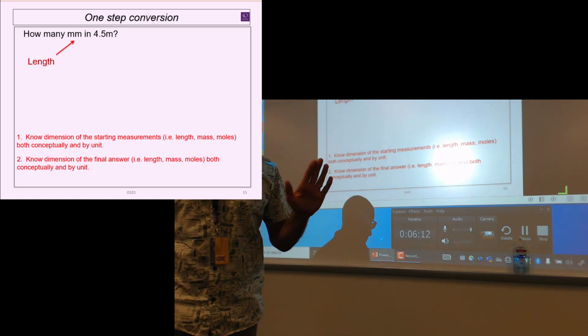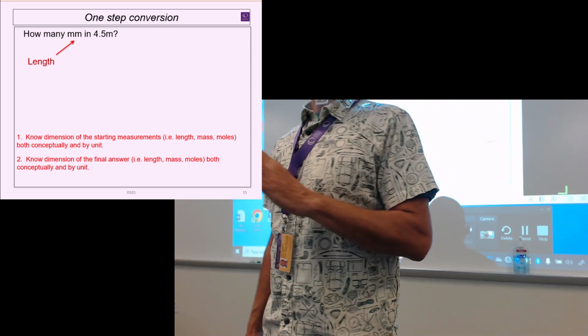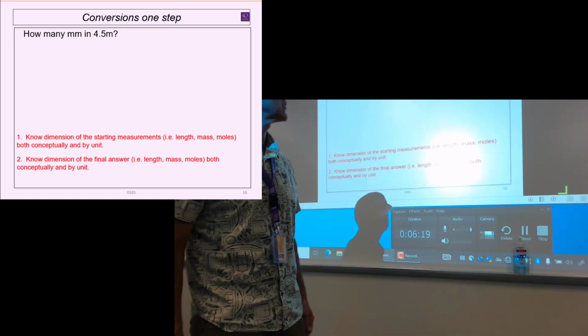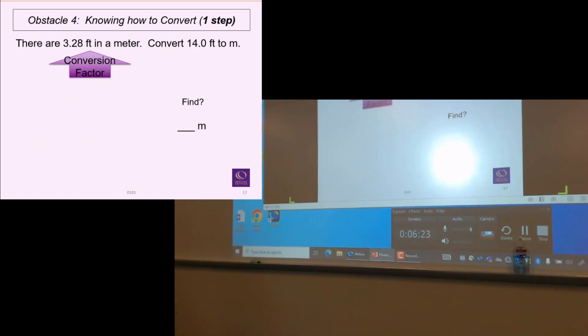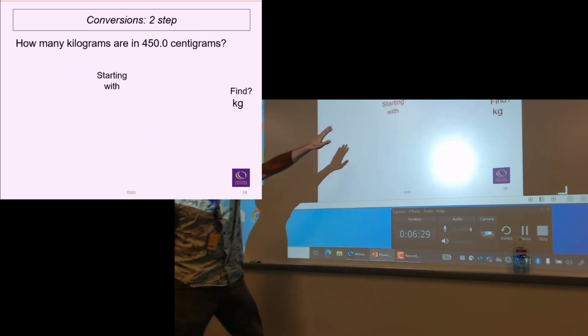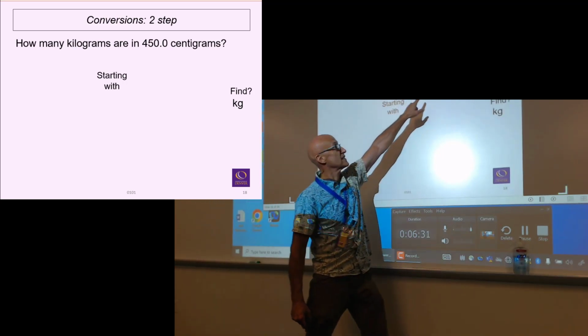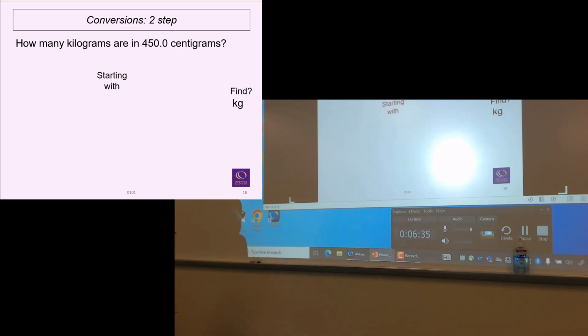So if it's squared or cubic, right? You're going to have to do the conversion. Does anybody remember what we talked about when we talked about doing that? So, how many steps just by looking at kilograms and centigrams? Yeah, there's at least 2, right? Good.